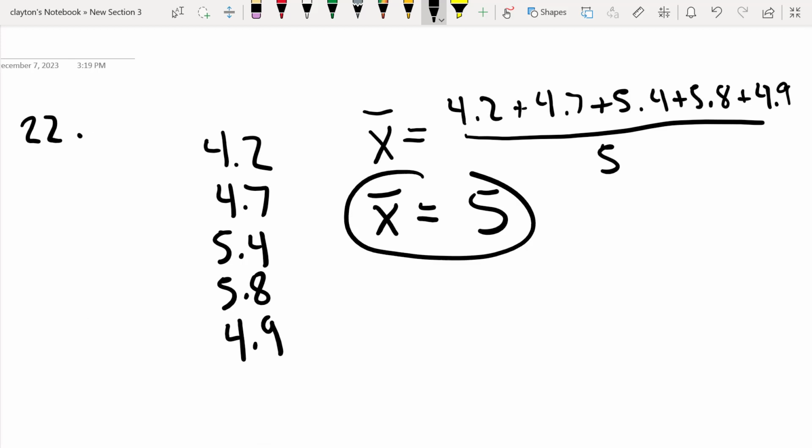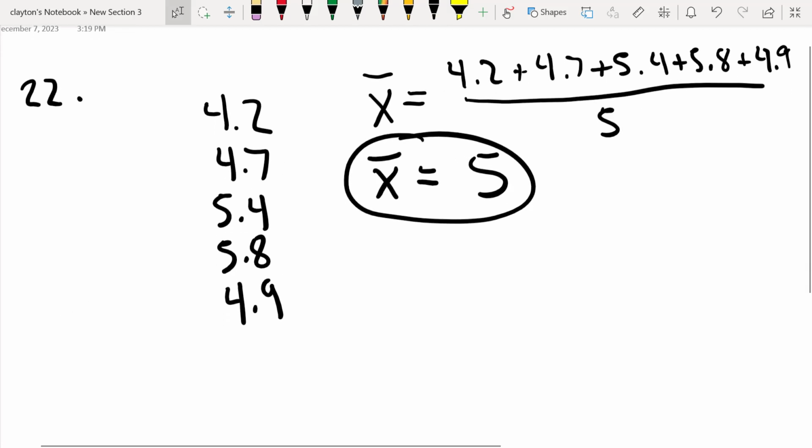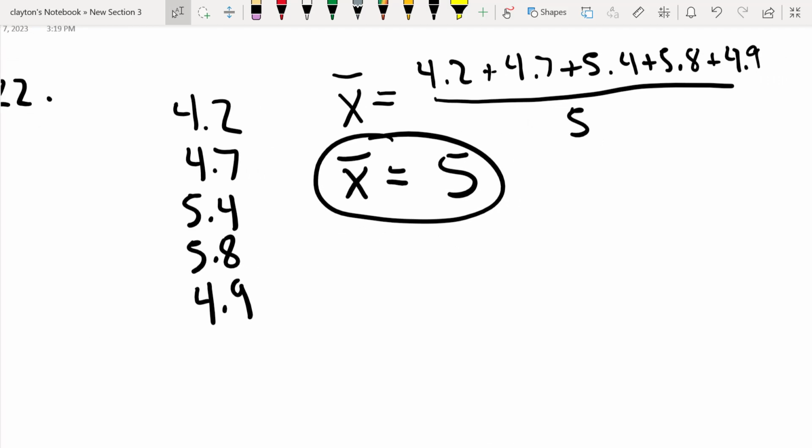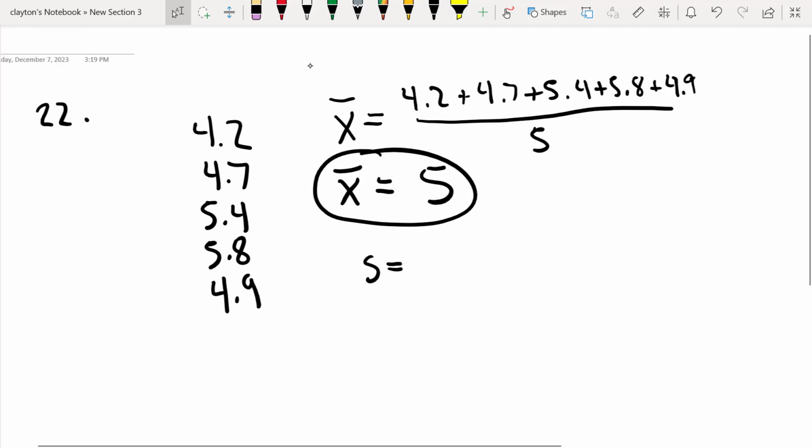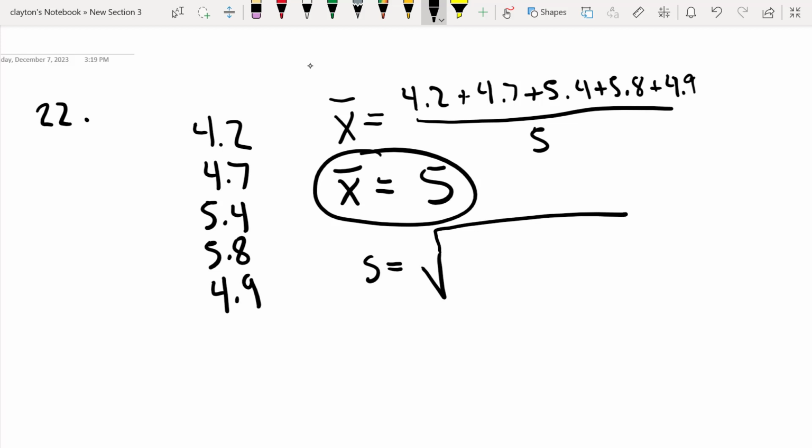Now, if he lets you use the calculator, that'll make it a little bit easier. If not, we want to calculate the sample standard deviation, S. That is the square root of the sum of all of our xi's, which are our data points, minus x bar, which we just found, squared, all divided by n minus 1.